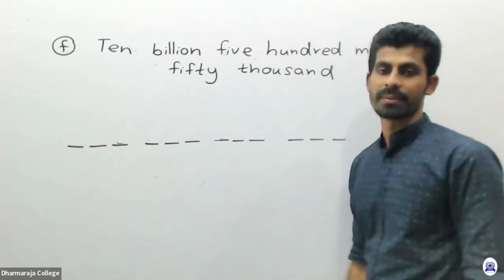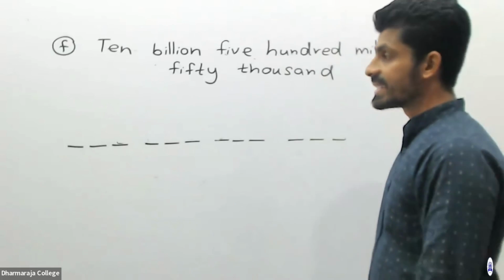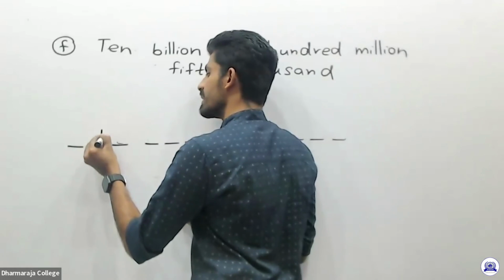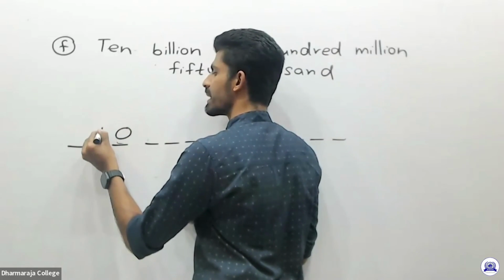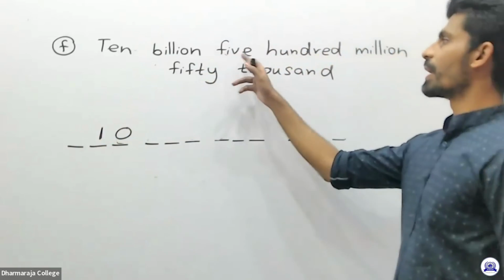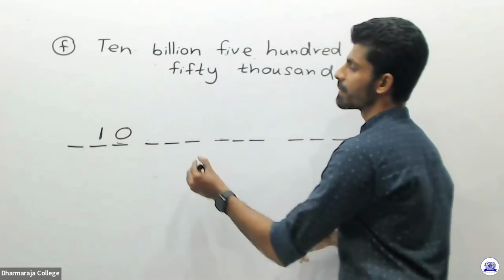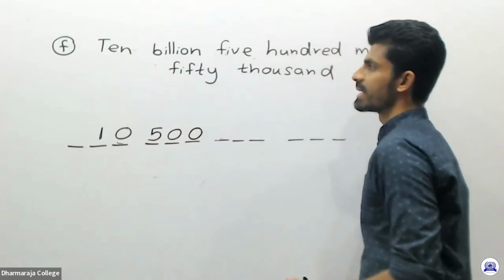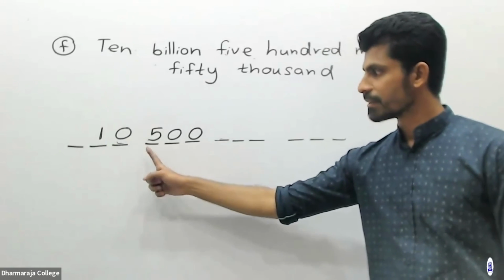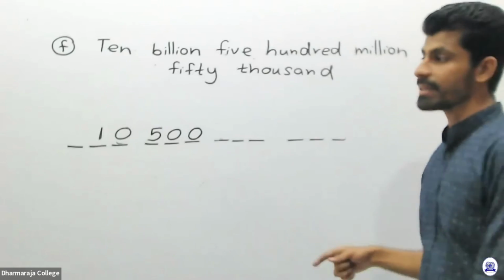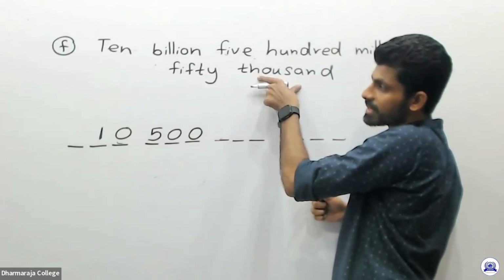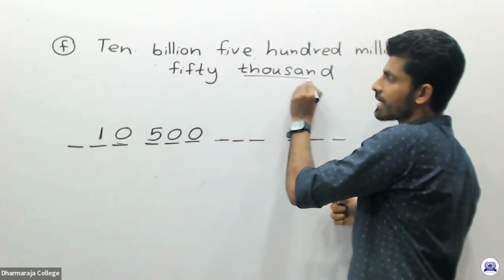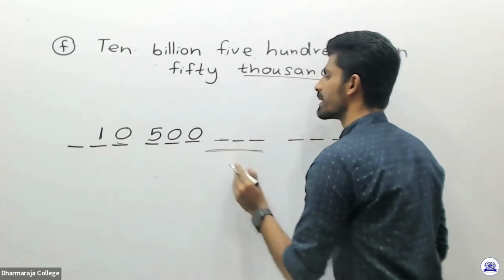You need to draw this one. 10 billion, that means 10 billion, 500 million, then 50,000.